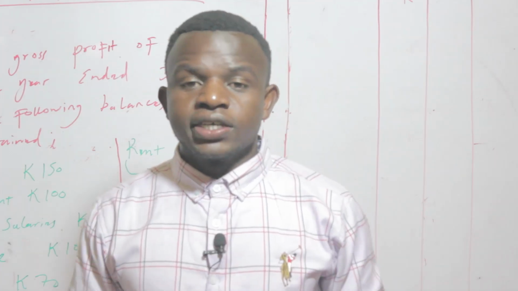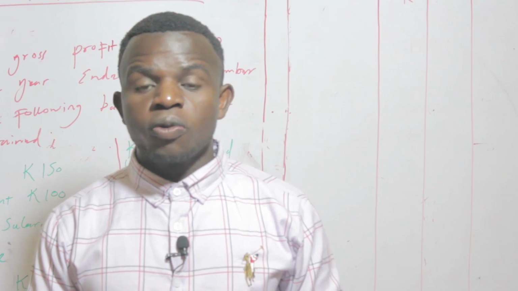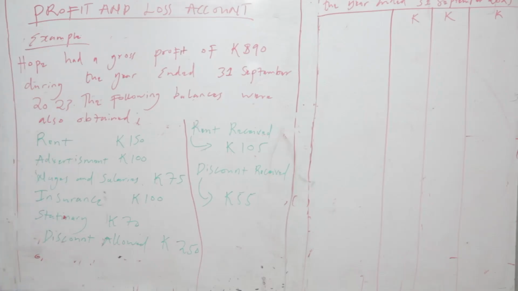So let us continue looking at the profit and loss. Now we're going to consider the example that we gave for Hope to calculate our profit and loss account. So this is the example that we had. The question reads, Hope had a gross profit of 890 during the year ended 31st December 2023. The following balances were also obtained.